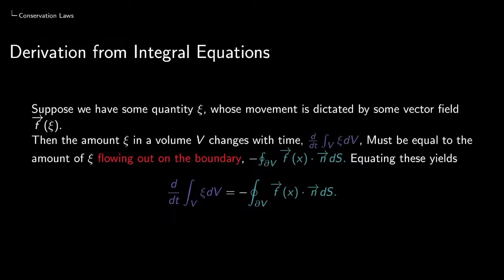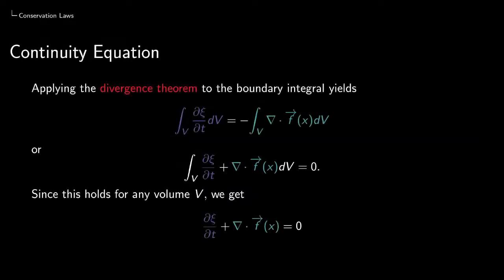And if we equate the two, we get an initial equation: d/dt of the volume integral is equal to this surface integral. Now, if we apply the divergence theorem to that surface integral, we get back a similar volume integral.